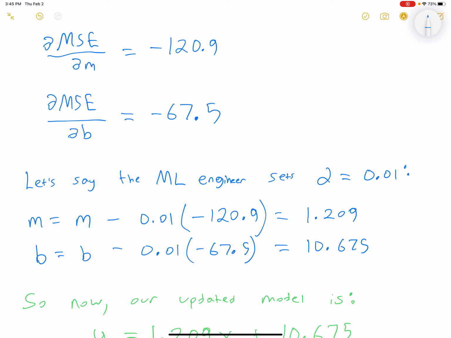So, if the learning rate is too low, can the model overfit because of that? That wouldn't be the primary reason why the model overfits. It would be because you have an over-parameterized model. But you might get stuck at a local minimum if you have a non-convex loss function.